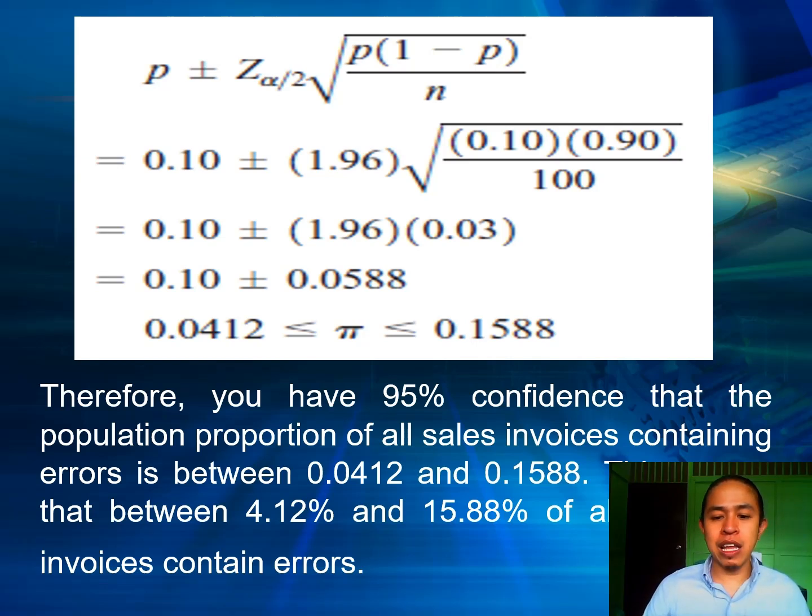To make it clear, you have 95% confidence that the population proportion of all sales invoices containing errors is between 0.0412 and 0.1588. This means that between 4.12% and 15.88% of all the sales invoices contain errors. So in this case with the invoices, we applied the confidence interval, wherein we can check the interval estimate of the errors.